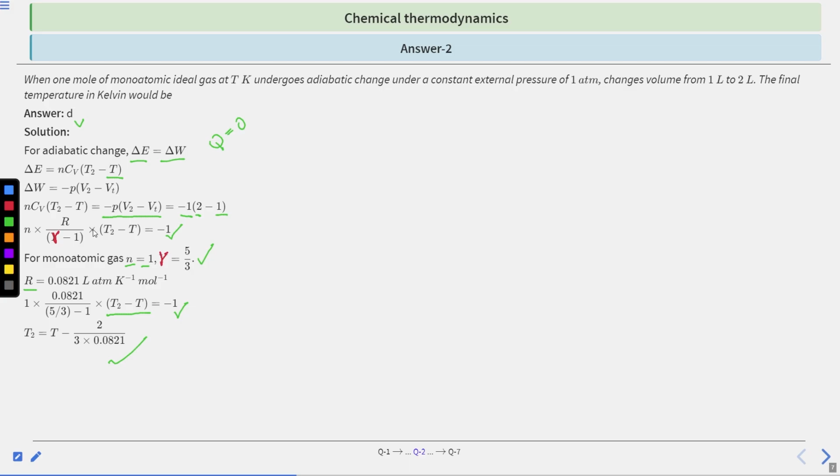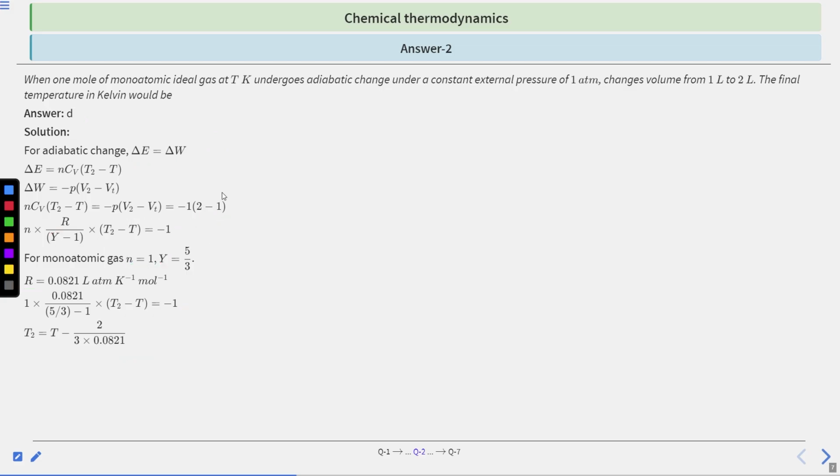We have used gamma, which is 5 by 3 for monatomic gases, and the gas constant. We have used the adiabatic change equation, where Q is 0 because it is an adiabatic change. Hence, option D is the correct answer.